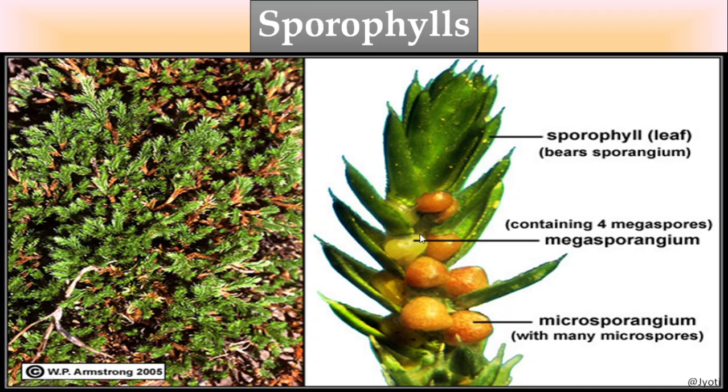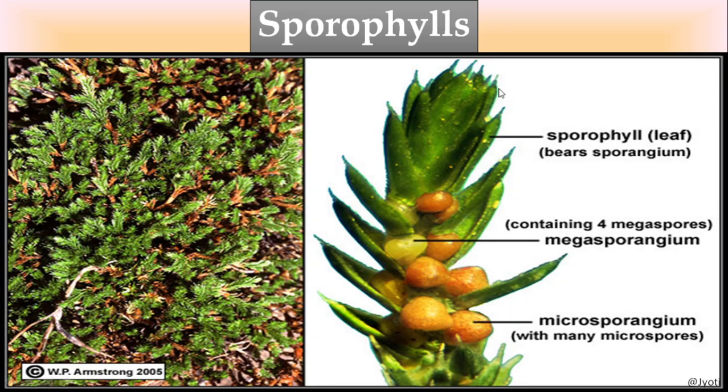The megasporangium always contains 4 megaspores, which are haploid. But each microsporangium produces a number of microspores, which are smaller in size.